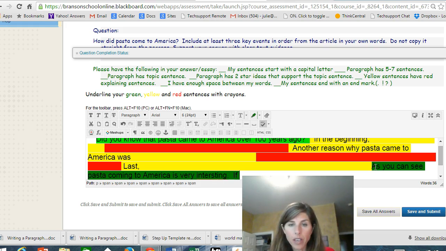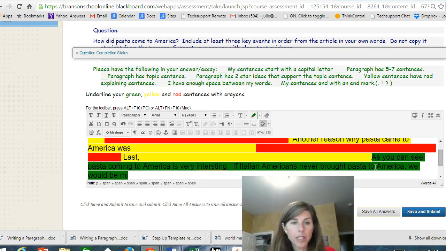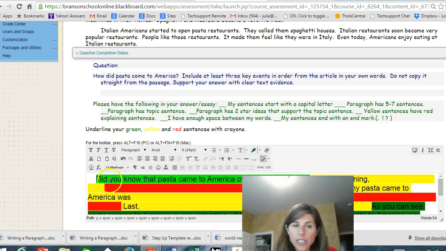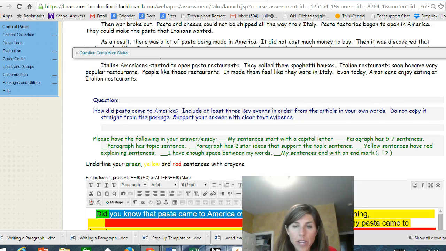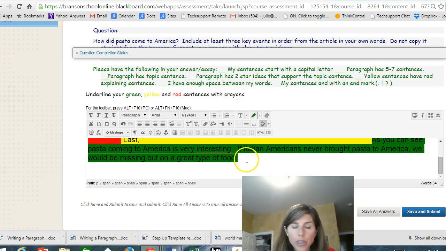Or if Italian Americans never brought pasta to America, we would be missing out on a great type of food, something like that. So there's lots of different ways you can conclude. So remember, it just restates your topic in a different way. We don't want to put another reason, detail, or fact on why pasta came to America.